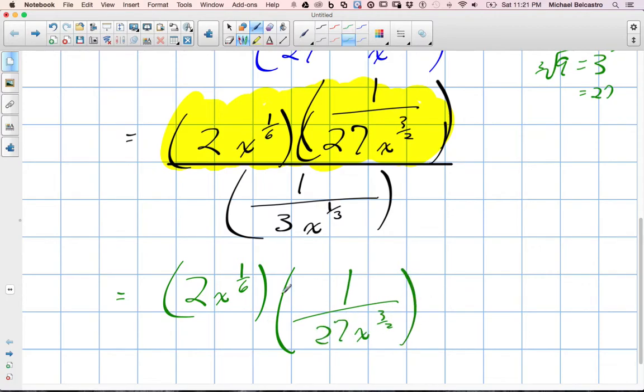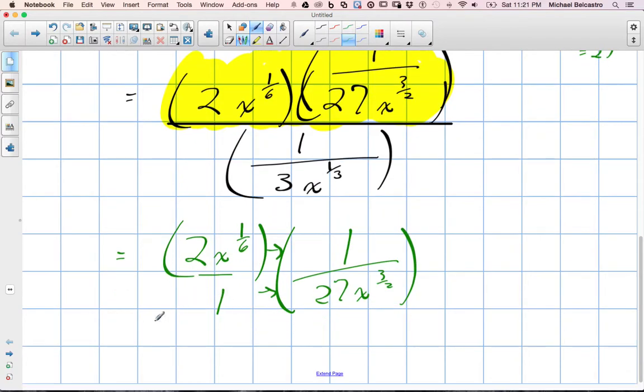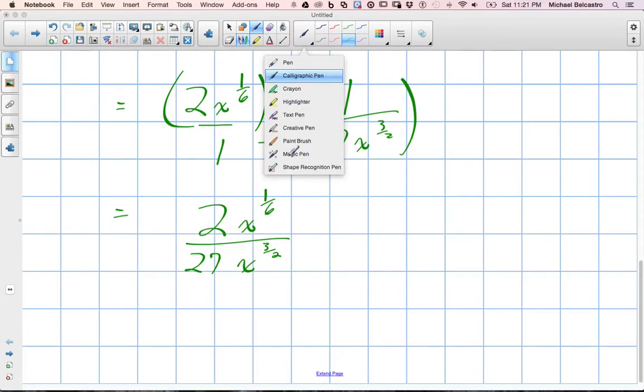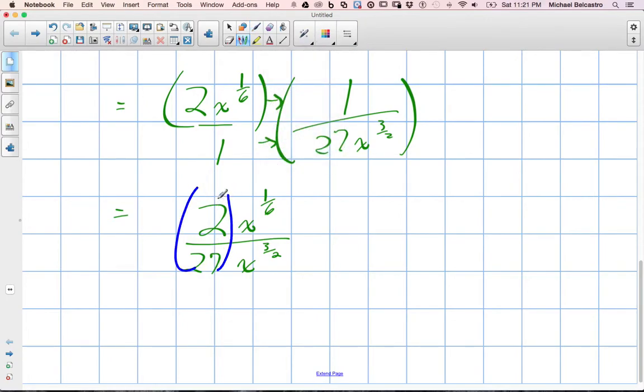Because it's multiplying fractions, top by top, bottom by bottom, you're going to end up with 2x to the power of 1/6 over 27x to the power of 3 over 2. Think of these values as coefficients. I could divide them and maybe get 1 over 13.5, but we really won't want a decimal value, so we'll leave it as 2 over 27.